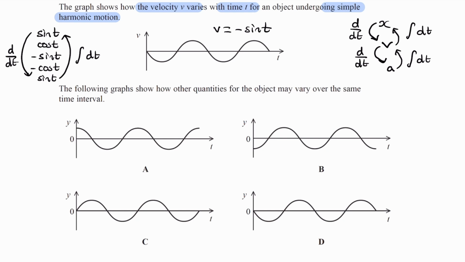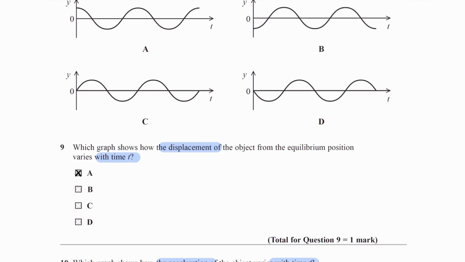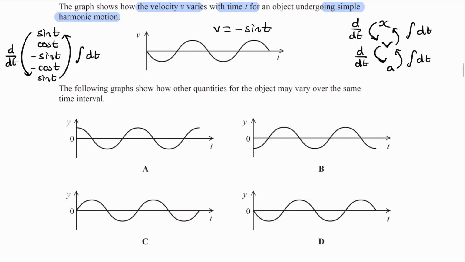So we have a velocity time graph. We're trying to get displacement for question 9, so we want to work backwards. This velocity time graph, the y coordinates for that graph tell us the gradient of the displacement time graph. So if the initial velocity value is 0, that means the gradient of the displacement time graph is also 0 to begin with. And that could be one of two options.